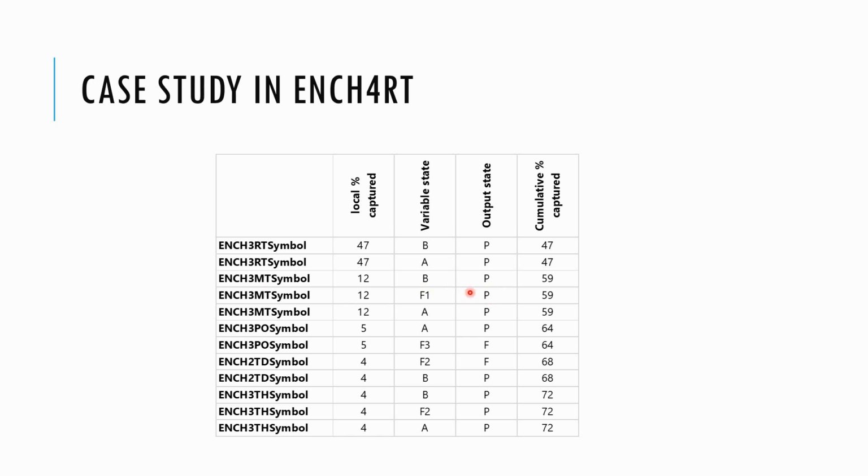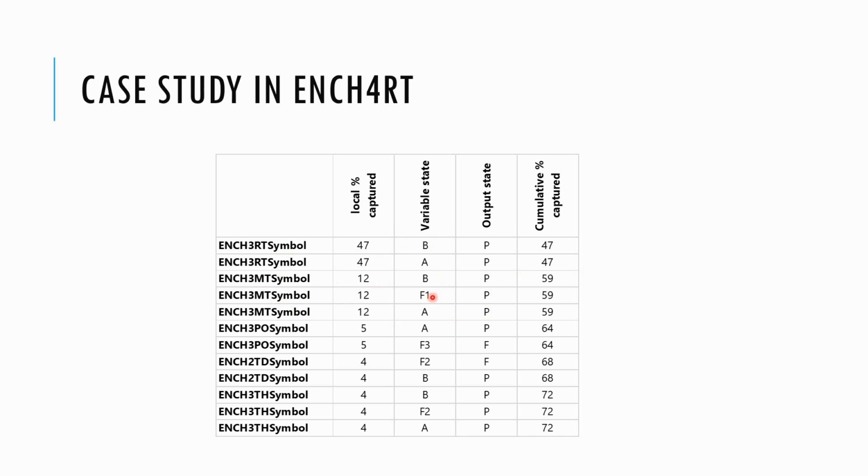And if you look there, it can capture 12% of the data using these categories. So if you don't have an A or a B here, but if you have at least a B, then you'll likely pass this course. So 3MT is a useful course to look at after 3RT. And yeah, so if you have an A or a B, you'll likely pass.